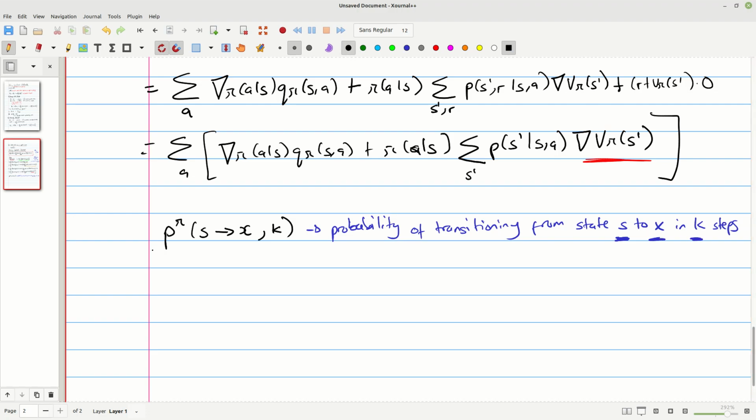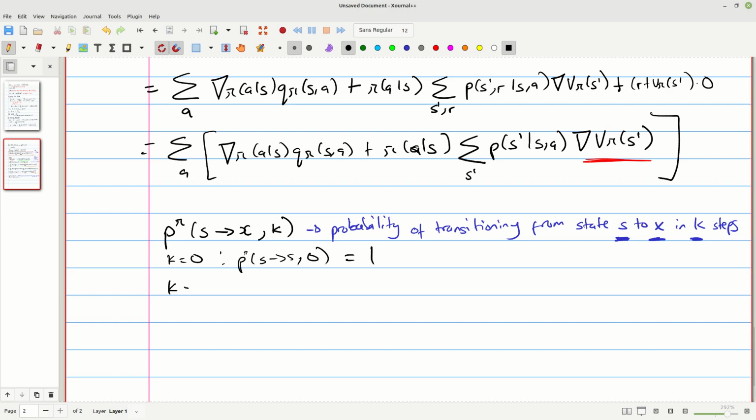That's what this probability means. So for example, if k is equal to 0, this would be the probability of transitioning under pi from s to s in 0 steps, which is just 1.